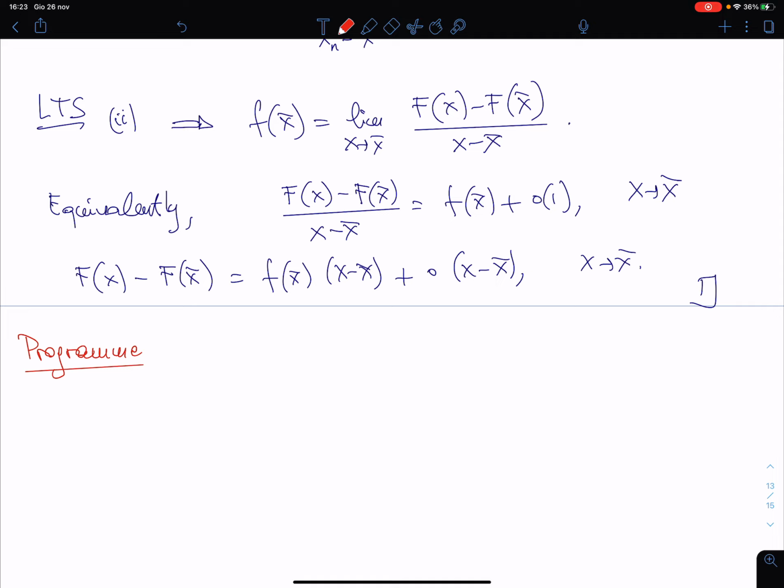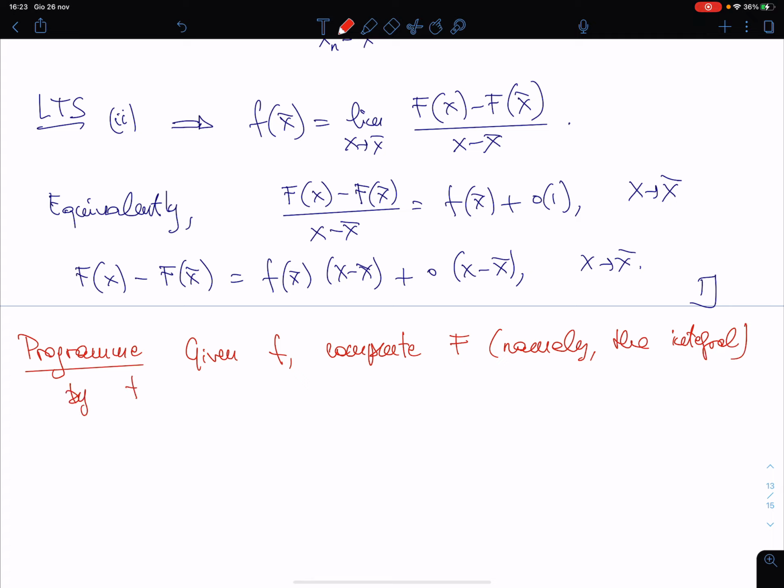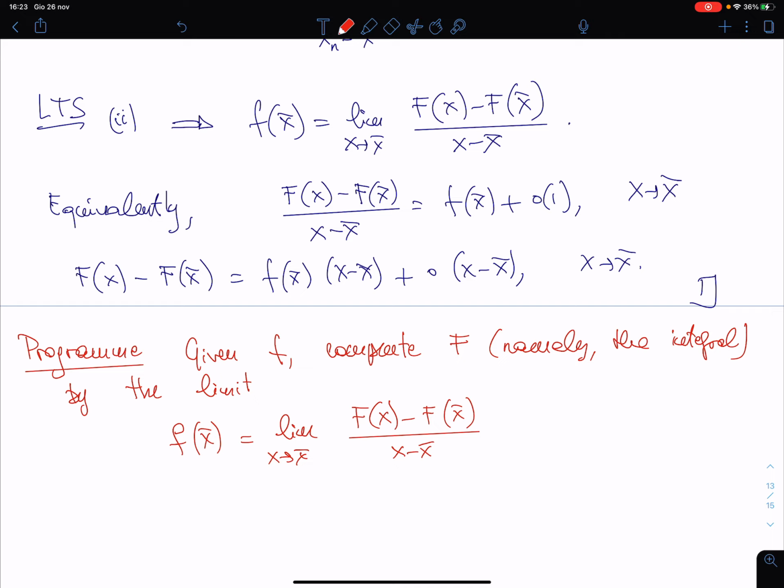Now, given f, compute the integral, namely the integral by the limit we wrote here: f of x bar is equal to the limit for x going to x bar of capital F of x minus capital F of x bar divided by x minus x bar.